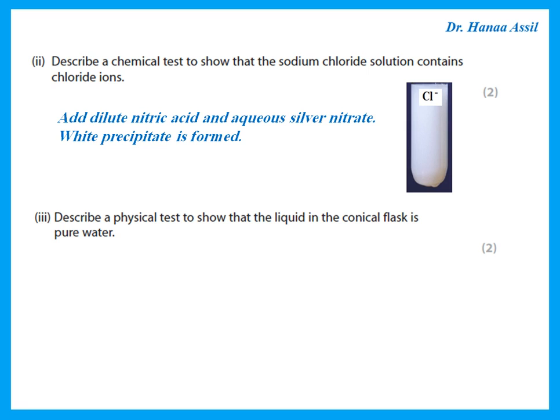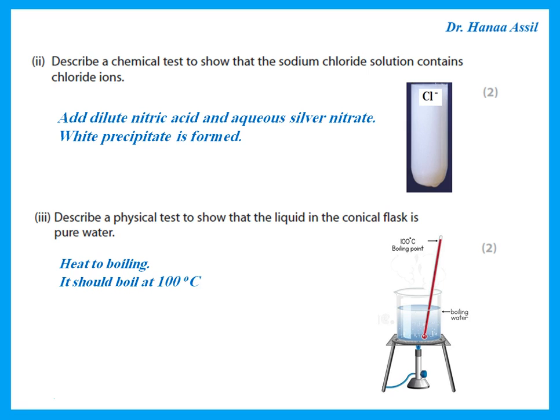Describe a physical test to show that the liquid in the conical flask is pure water. Remember, we have two tests for water. We have a chemical test and a physical test. The physical test is when we heat to boiling, and the water should boil at 100 degrees Celsius. So if it is pure, the boiling point is 100 degrees Celsius.